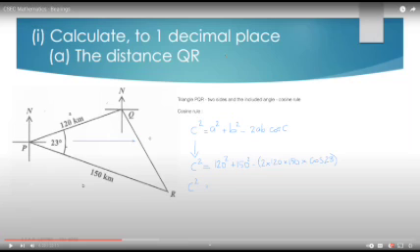Give me the answer to 3 decimal places because we have to find the square root. What did you get?